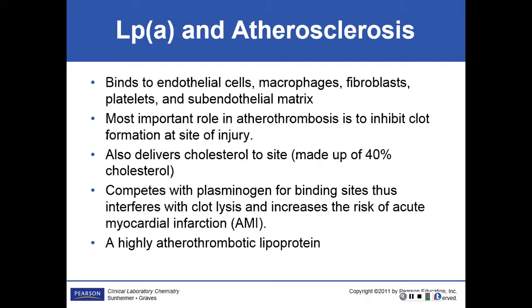So it plays a role in arterial sclerosis, mostly because it is competing with plasminogen for binding sites to interfere with clot formation.